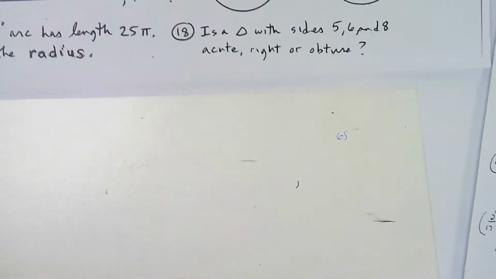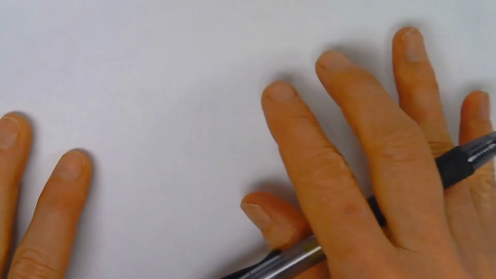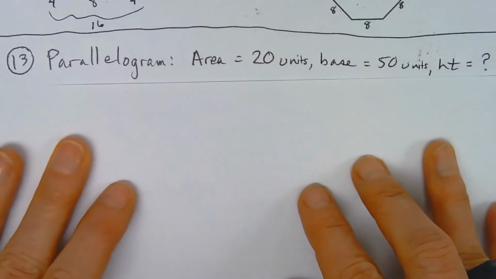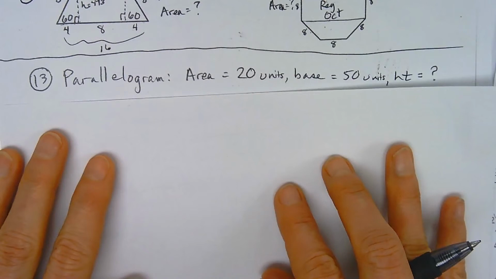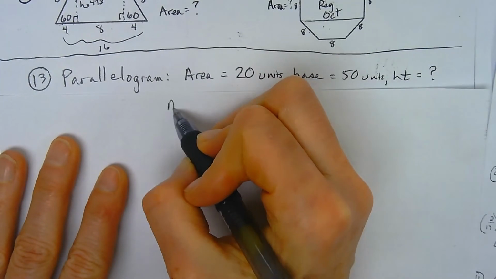Okay, I'm going to move on to number 13 through 18. And these are review from previous days. The area of a parallelogram is equal to base times height.